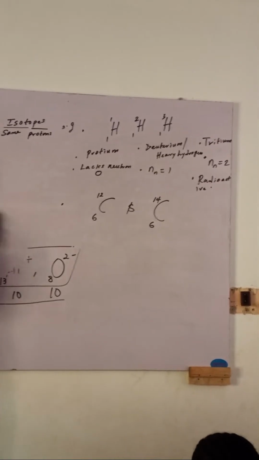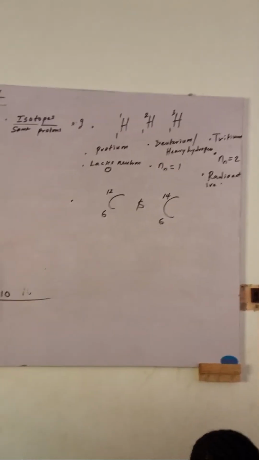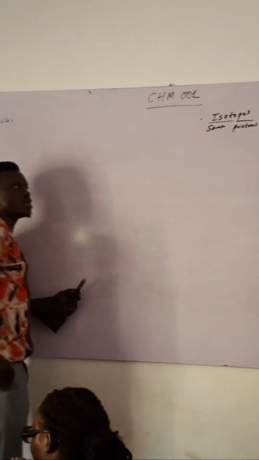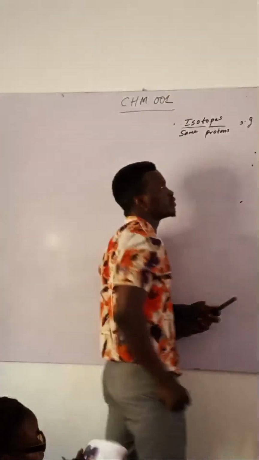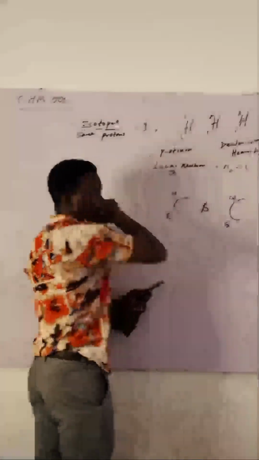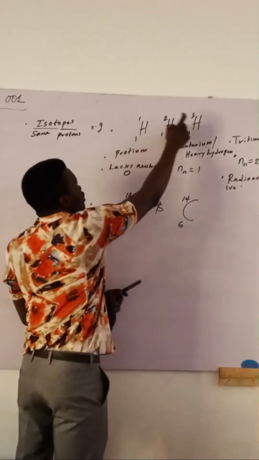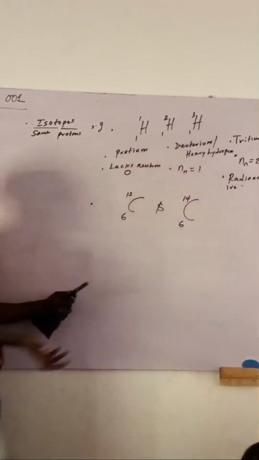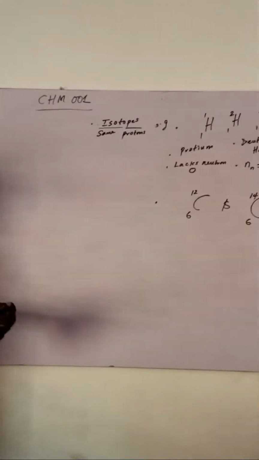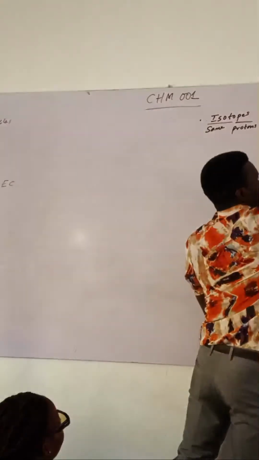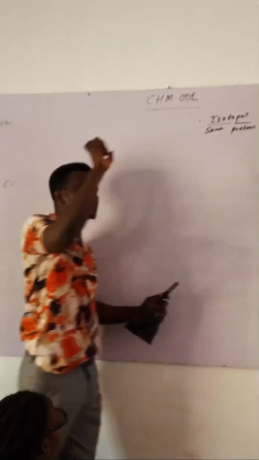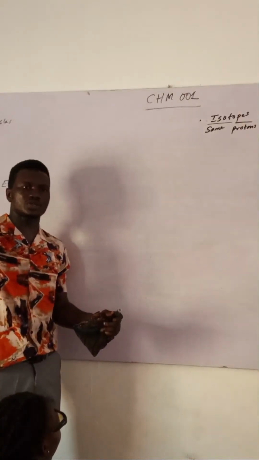When we are doing calculations in chemistry, they will tell you to take the relative atomic mass to be a certain value. In giving you the relative atomic mass, they have calculated a whole lot of things together. I could have given you 1 or 2 or 3, but I don't know which one is present, so I do the average, and that average can be used in my calculations.